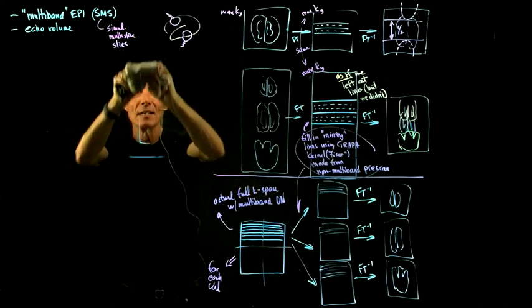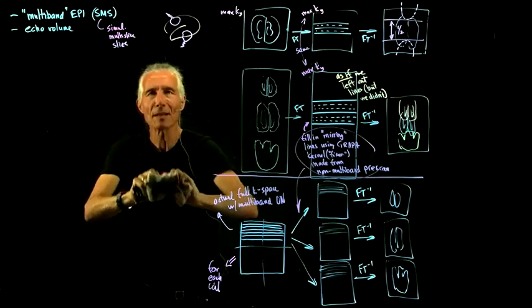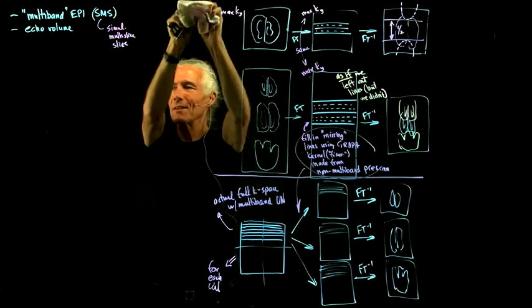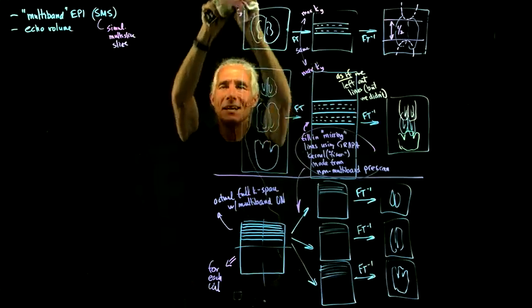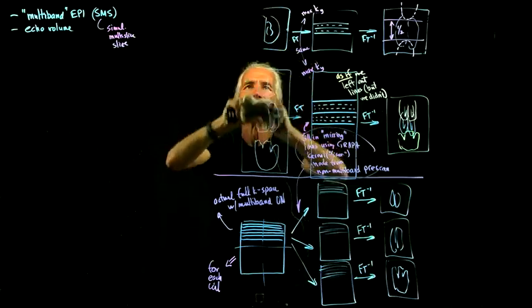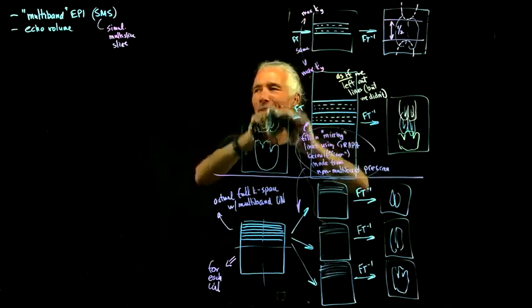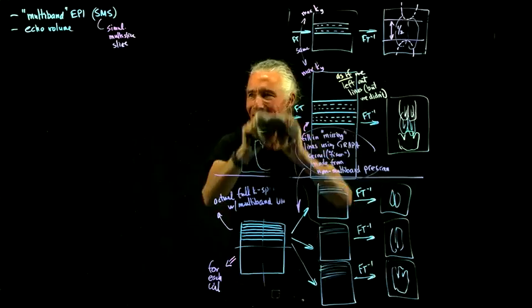And so the subject may have the feeling like, well, the scan hasn't started yet, and so I might move a little bit right here at the most critical part.